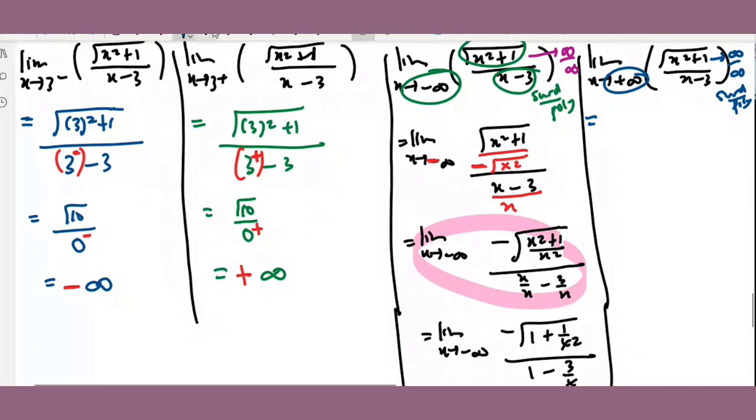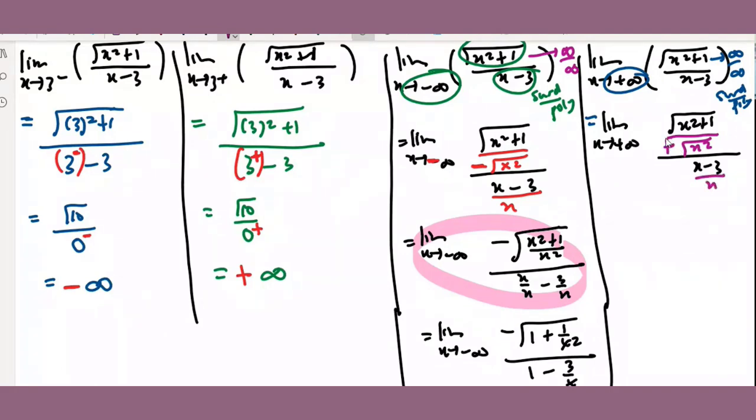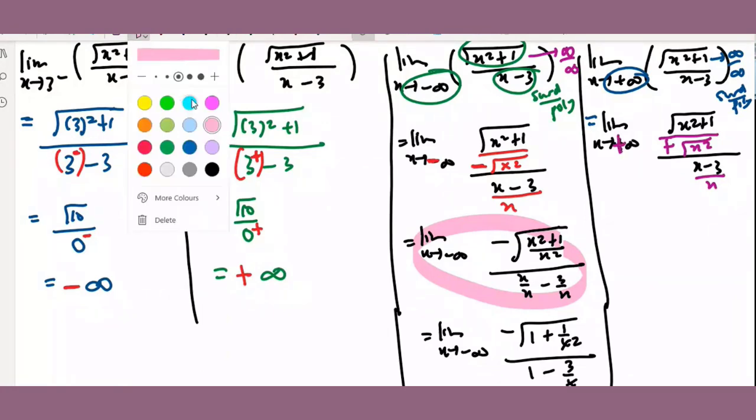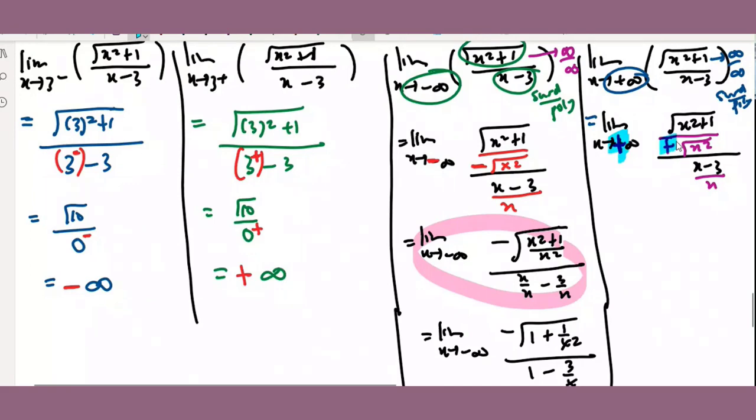And the limit as x tends to positive infinity, x minus 3 divided by x. So this one is positive. Why? Because this one is positive. When that one is negative, this one is also negative. Its partner. The polynomial is just divided by x.